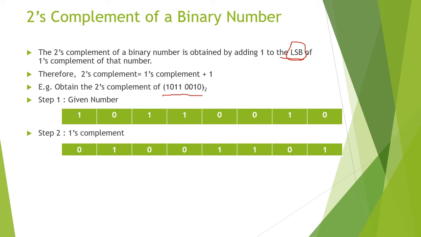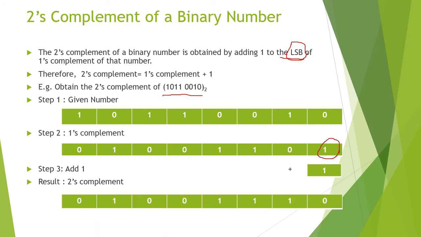Now we have to add 1 to the LSB, least significant bit, of this ones complement. So after the addition we will get the twos complement. This is the twos complement. So 1 plus 1 becomes 1 0. So 0 is written over here and the carry is written on the next digit. So the number becomes 0 1 0 0 1 1 1 0.